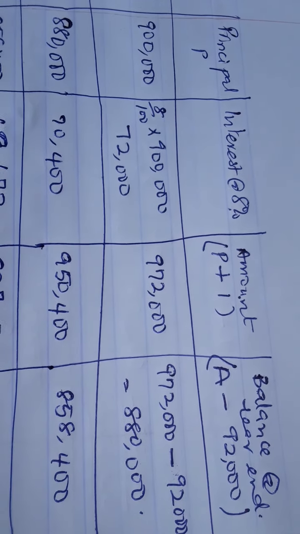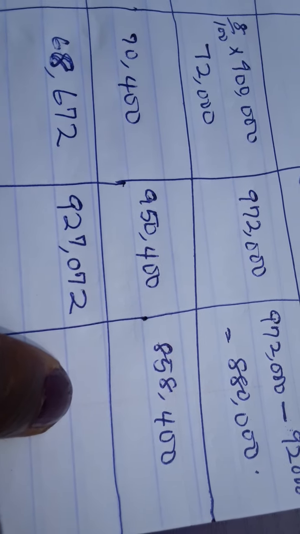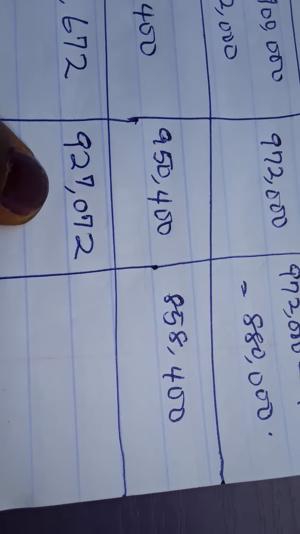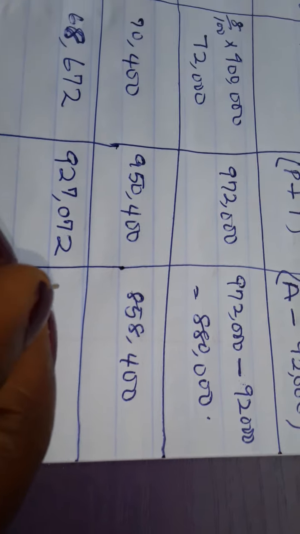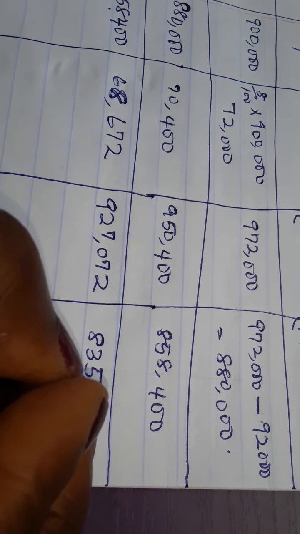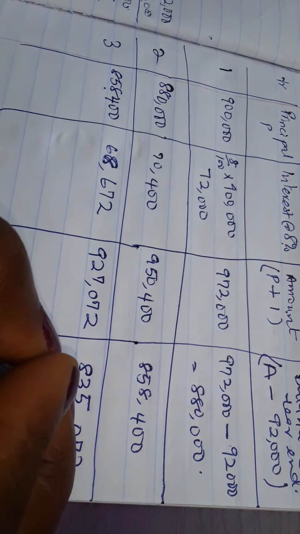927,072. And then for you to get your balance at the end of year 3, you subtract 92,000 from 927,072 naira, and that would give you 835,072 naira.